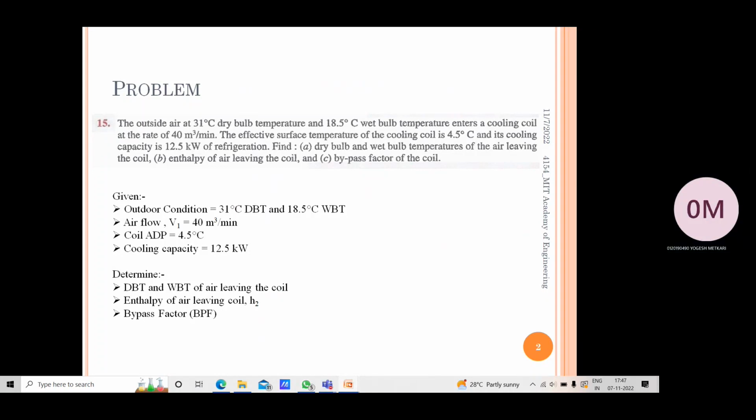Here we are having one psychrometric chart. So initially we have to draw the condition of air which is given to us. That is, let's suppose, point 1, which is at outer condition. We have 31 degrees Celsius DBT and 18.5 degrees Celsius WBT.